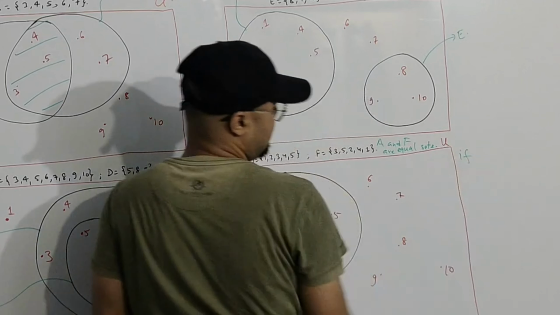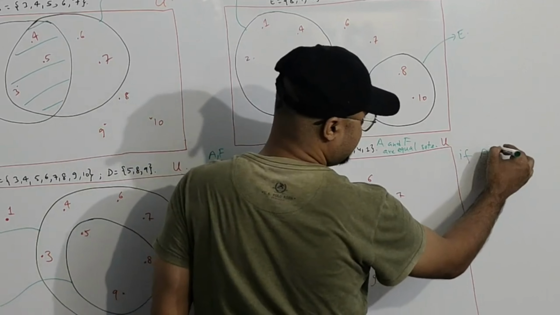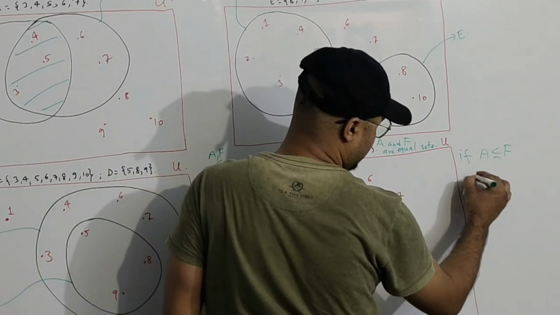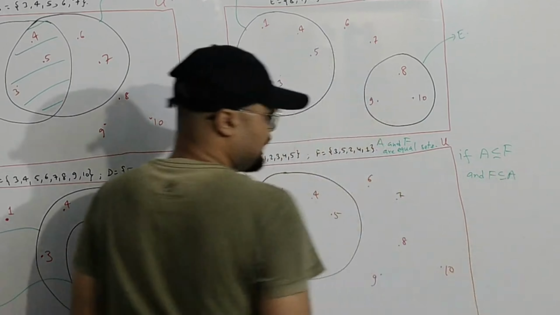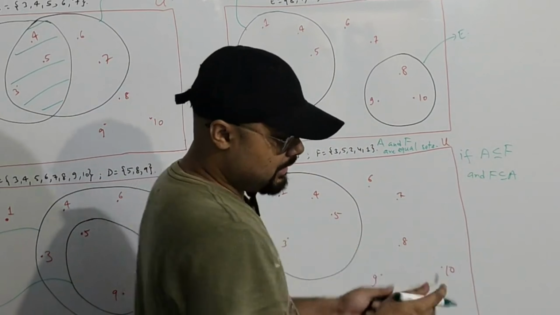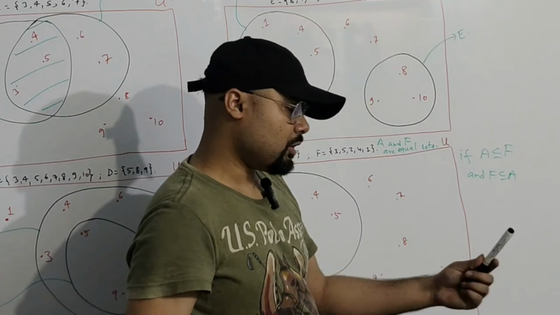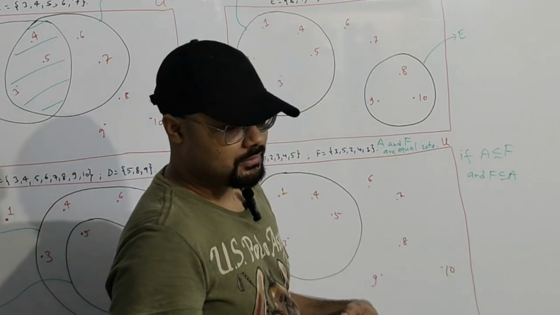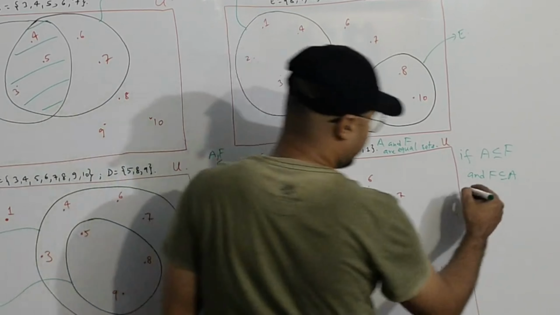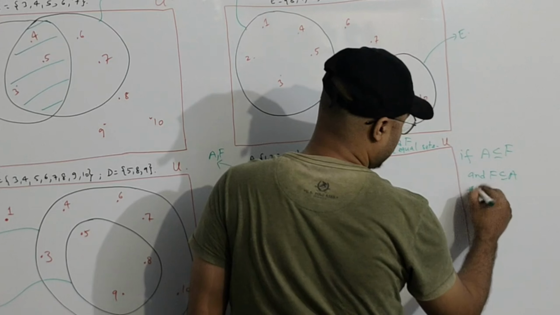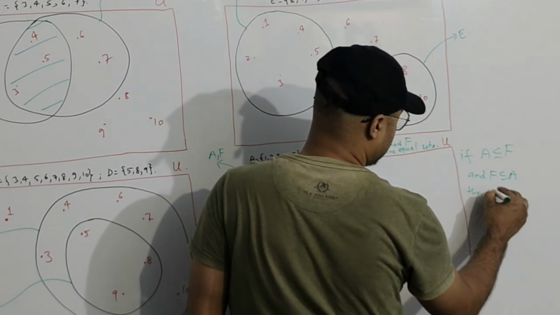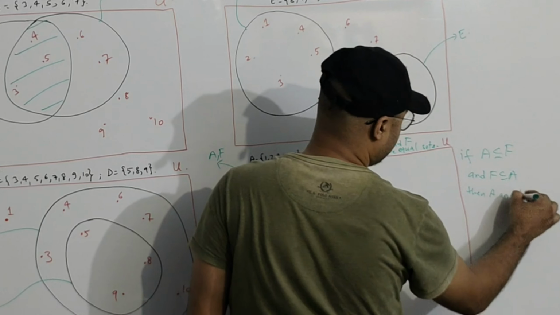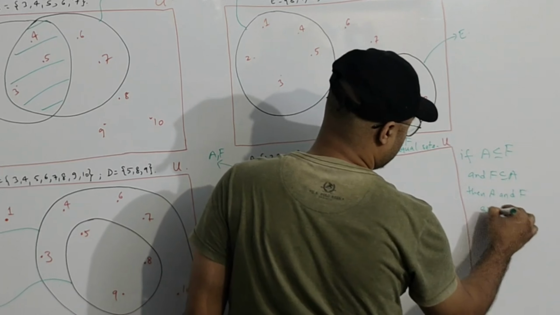If A is a subset of F and F is a subset of A, if it goes both ways, it means they are equal. Then A and F are equal.